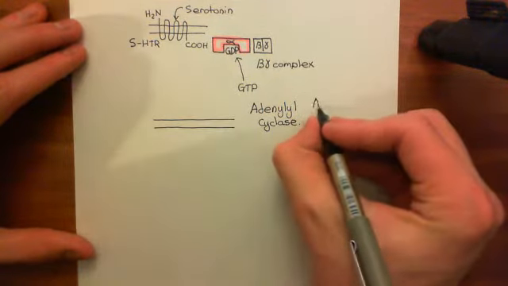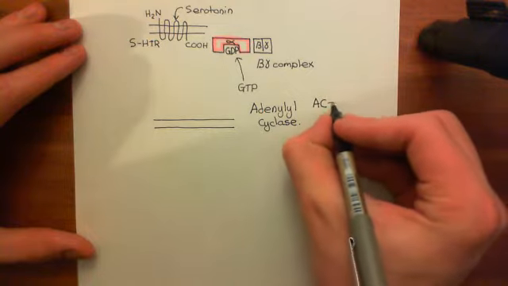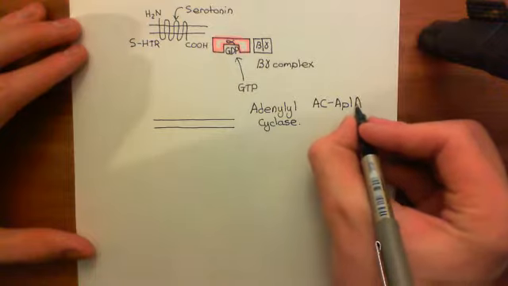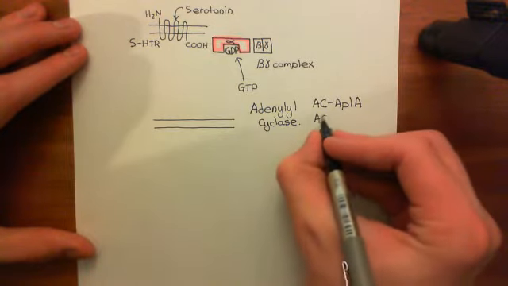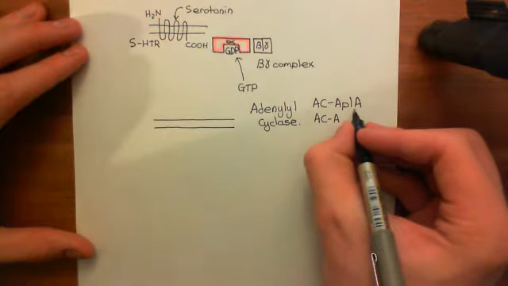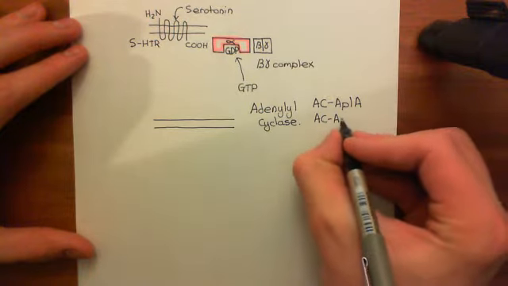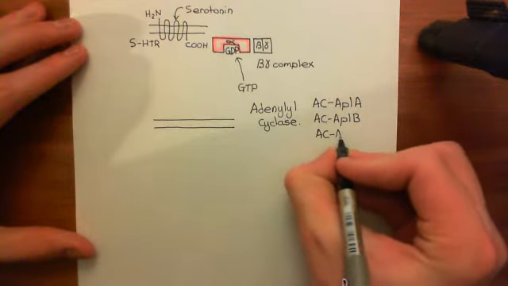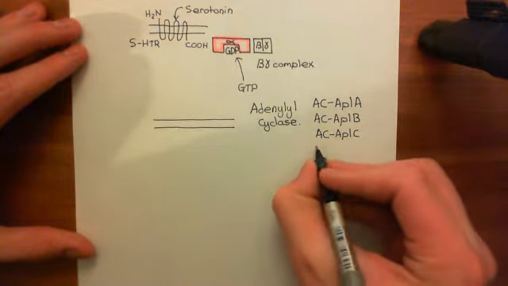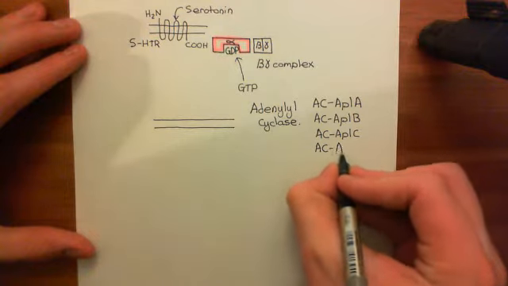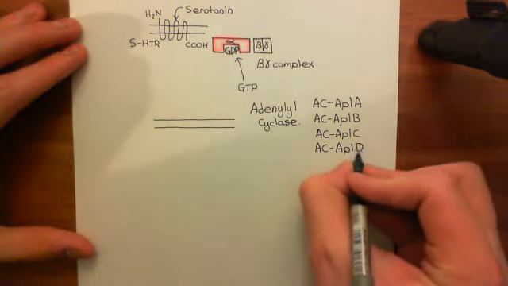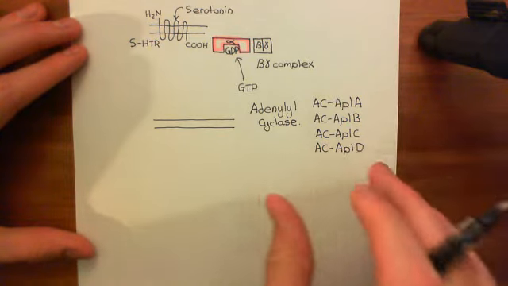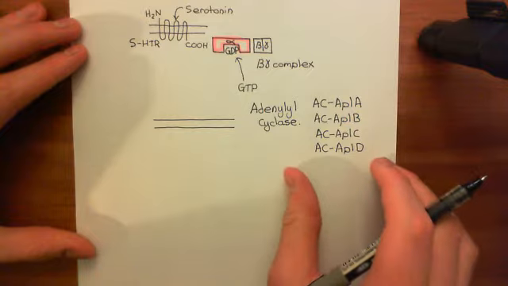These are called adenylyl cyclase AC, and then you put Aplysia, APL, and then there's adenylyl cyclase Aplysia 8, adenylyl cyclase Aplysia A, adenylyl cyclase Aplysia B, then there is adenylyl cyclase Aplysia C, and then finally adenylyl cyclase Aplysia D. So there are 4 adenylyl cyclases which have been found within Aplysia. Contrast that to the 9 which are known within humans.